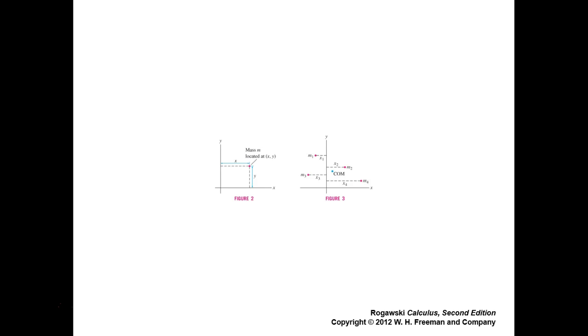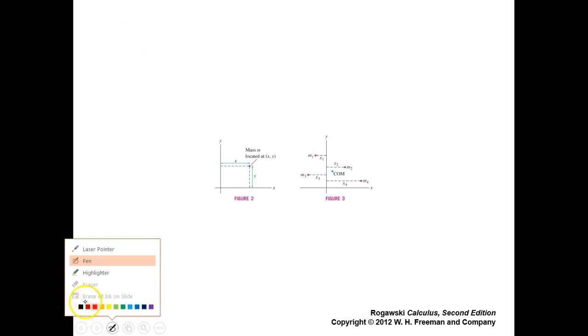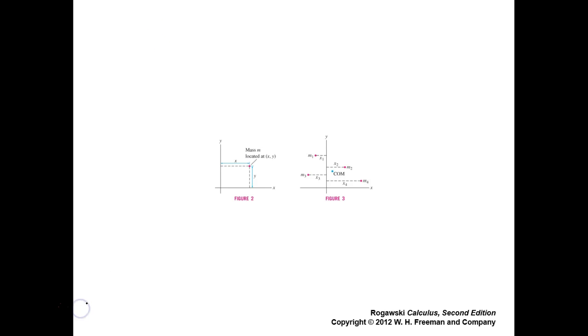That's the mass of each object times its distance to the balance point must be equal. So the formula for that, and they don't have the slide here, but okay.